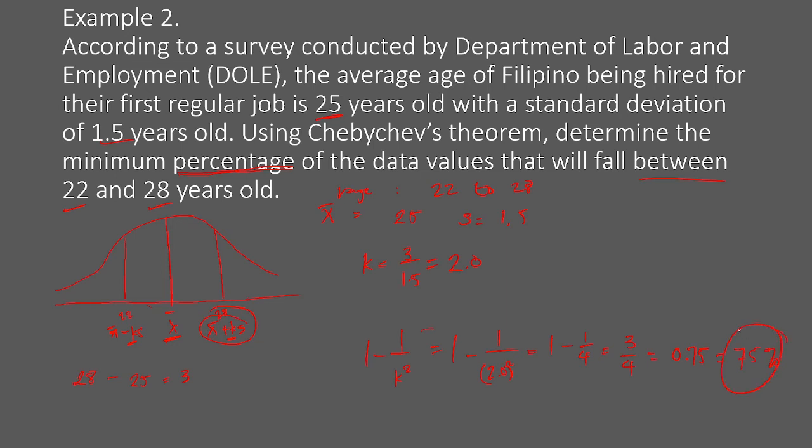Meaning to say, we have here the minimum percentage of data values that will fall under 22 and 28 years old will actually be 75%. Okay? So that will be our examples for the Chebyshev's.